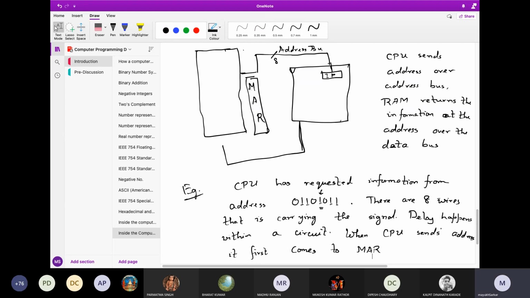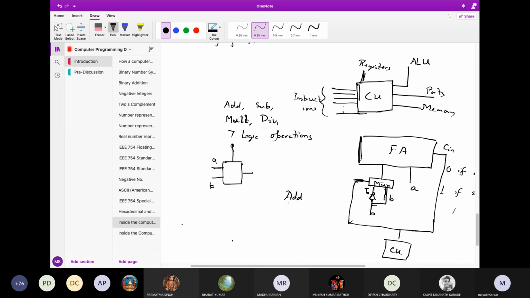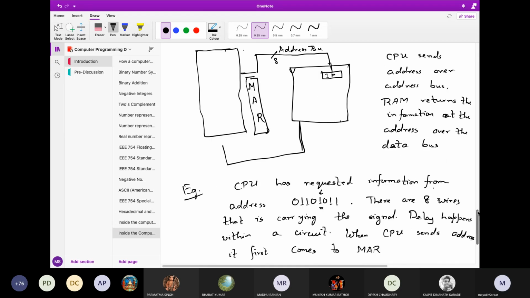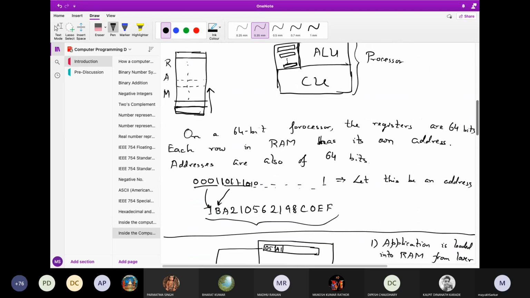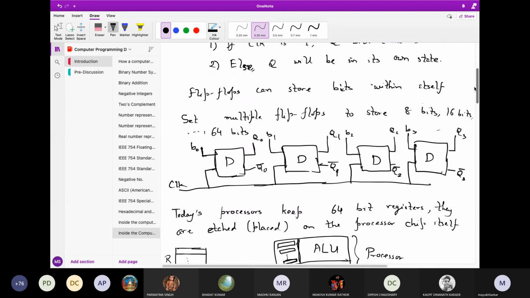Okay, so think of the register like this. Say a 4-bit address has appeared, but the clock signal has not appeared until now. That means on the output lines it is still 0. Memory still knows that no address has been sent until now.